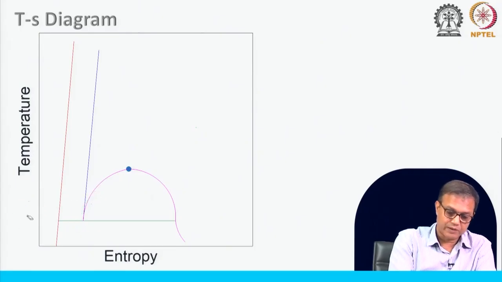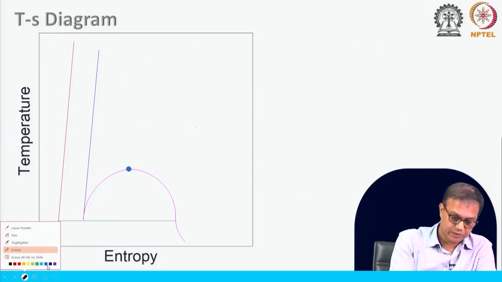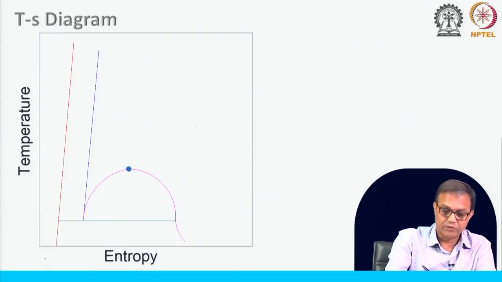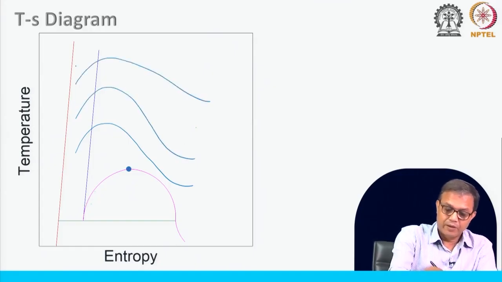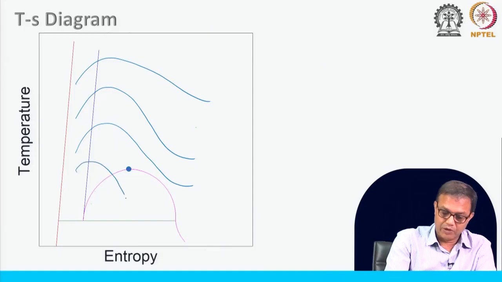So, the isenthalpic lines will look like this, let us try to draw. You will find that there are this kind of lines which are called the isenthalpic lines, and some of them will come inside the liquid vapor dome.